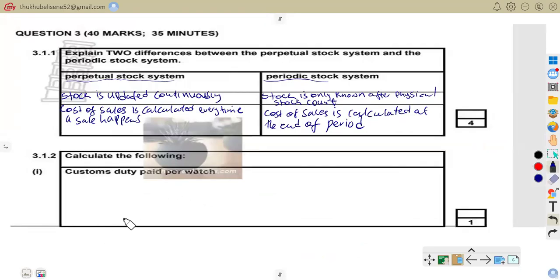So you know very well that we added 18,000. As you have seen, it was 18,000 plus 12,150 plus 10,350.